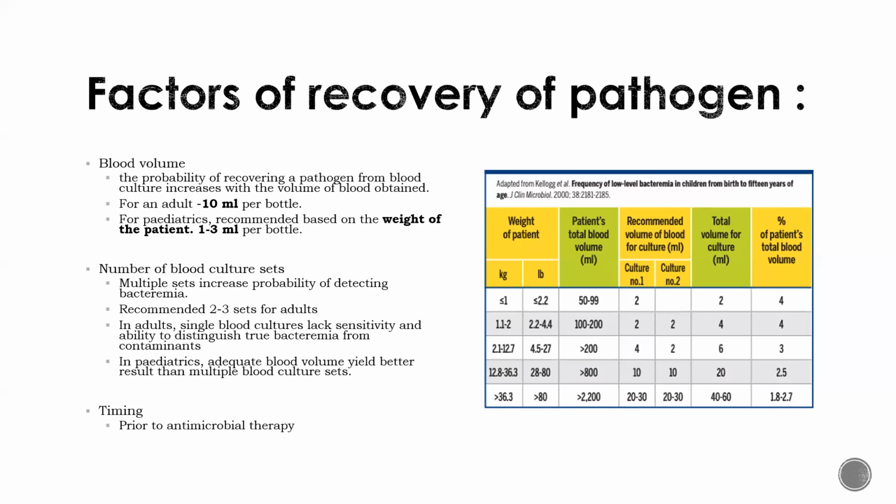Until recently, they did not find any correlation between spike of temperature and sepsis, because even in bacteremia there are times that the patient is normothermic and doesn't show any sepsis signs. So the most important timing is recovery of the pathogen prior to antimicrobial therapy. But the most important factor here is blood volume.